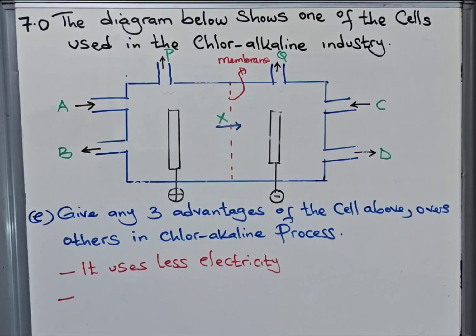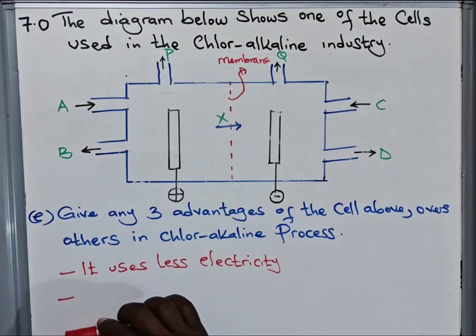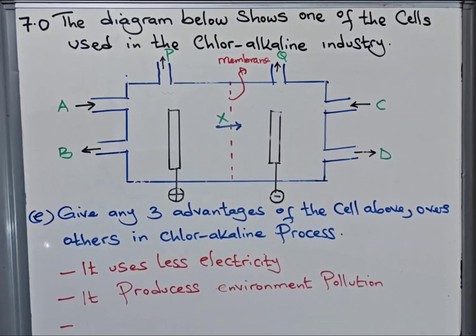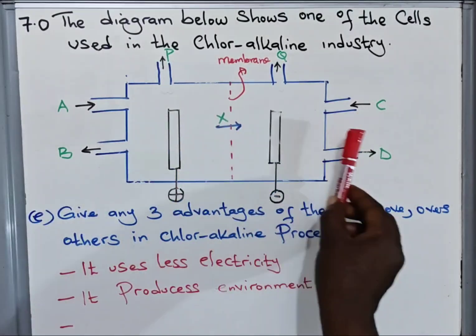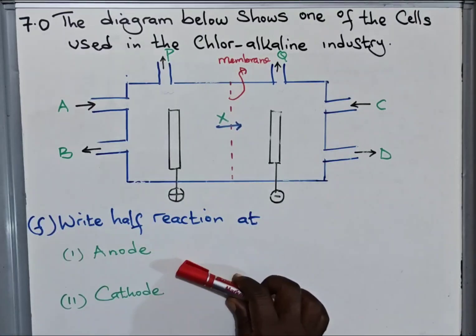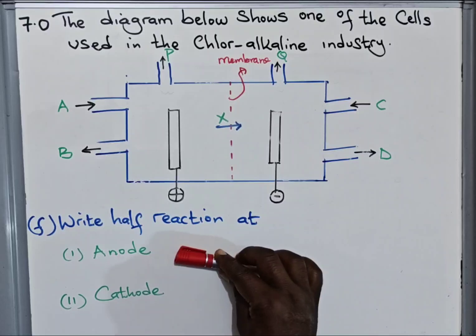So it produces less pollution compared to others. Lastly, the products produced by membrane cell are of high purity compared to the products produced by other cells.